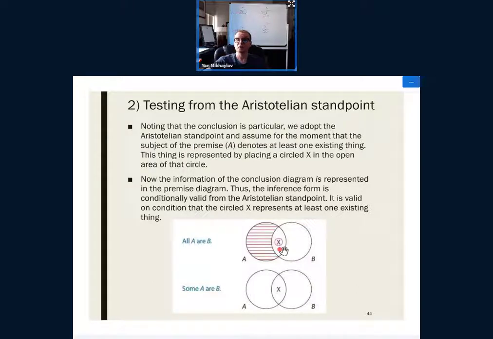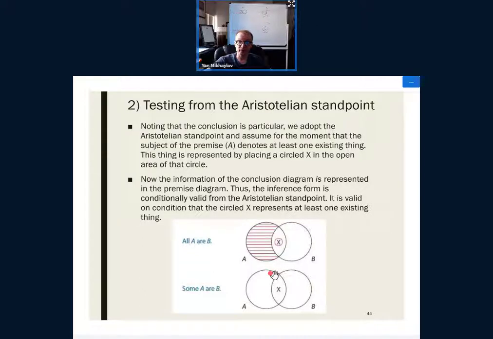So we are assuming existence. And assuming existence, that comes up valid because we have X here and X here. You may say, oh, but this one has shading. But never mind shading. Shading in this case doesn't matter. As long as it has the X in the right spot, it is valid. So it is conditionally valid from Aristotelian.